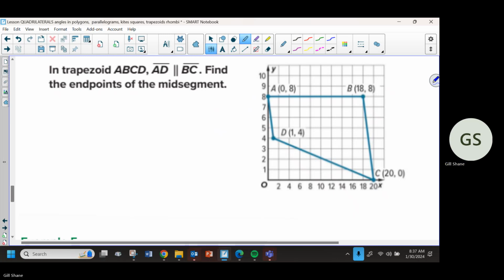If you get a problem on the coordinate plane and you have no idea how to do that, just remember the concept of a mid-segment. What does a mid-segment do to the 2 sides, the 2 legs? It bisects them, it splits them in half.